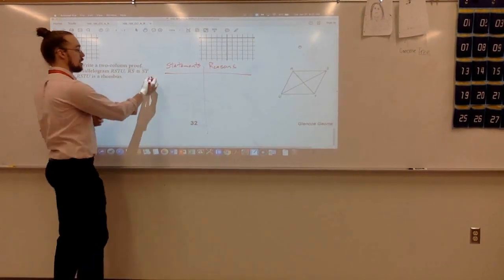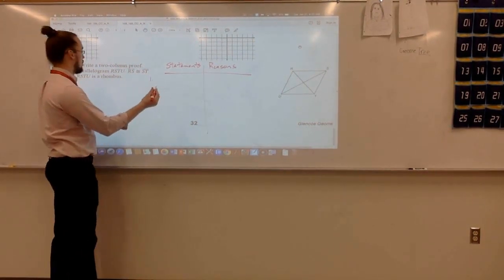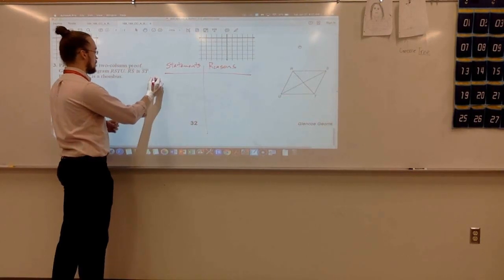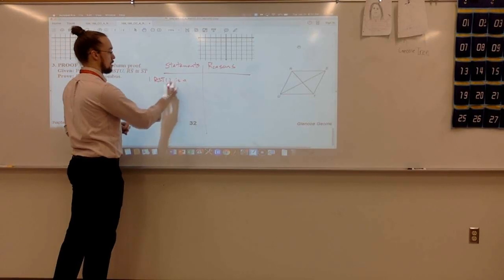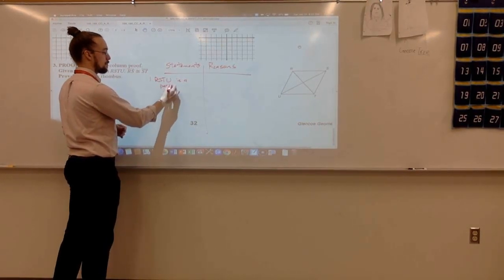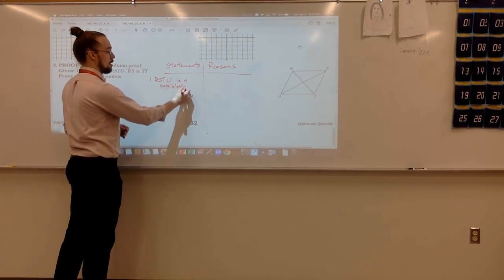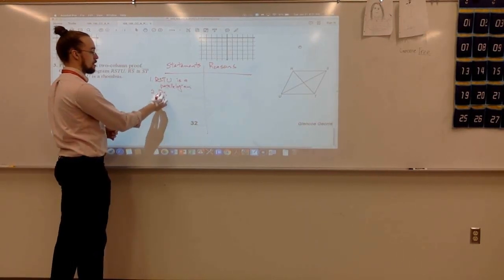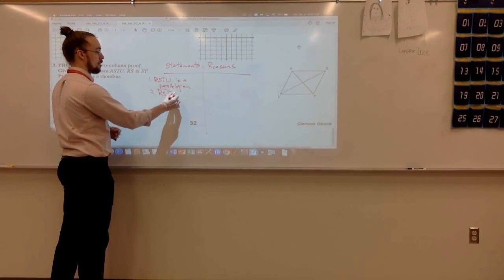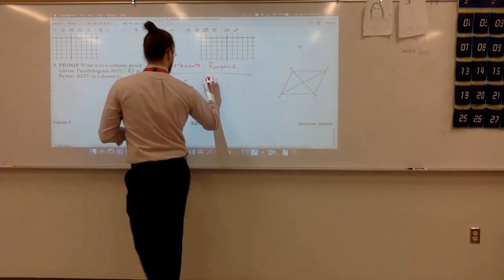I'm given first that RSTU is a parallelogram. And we're also given that RS is congruent to ST.